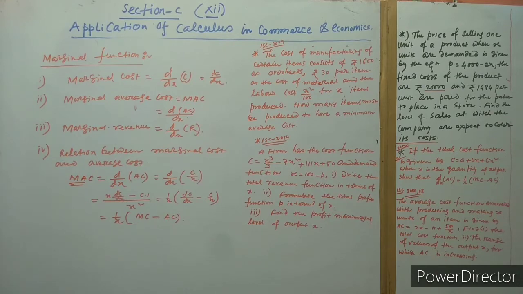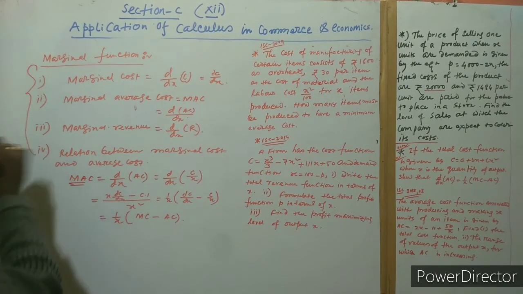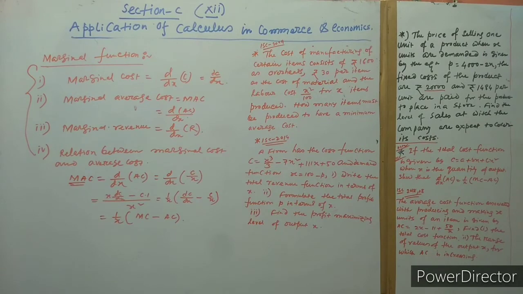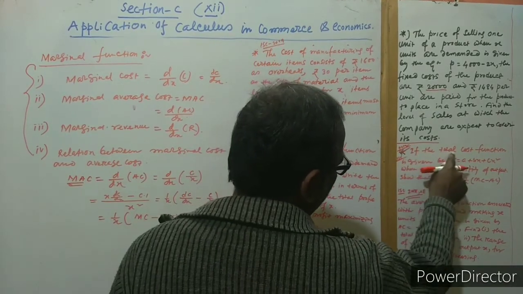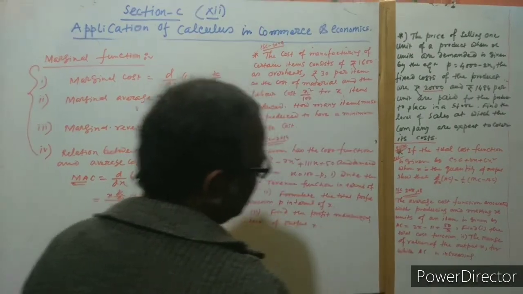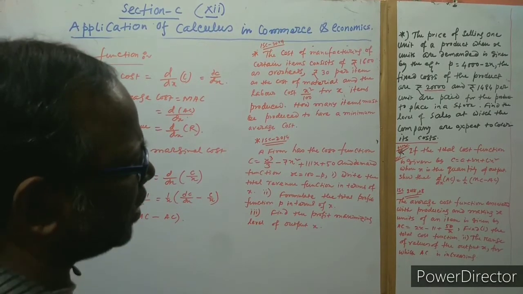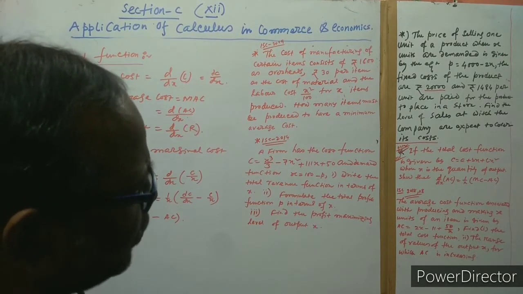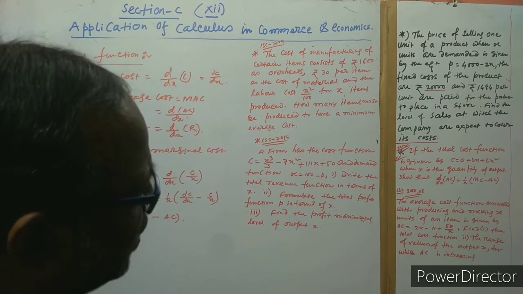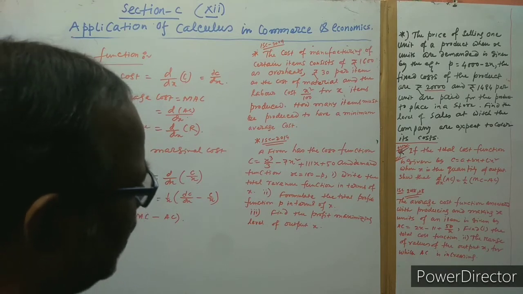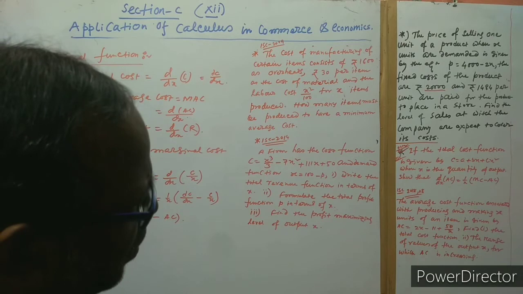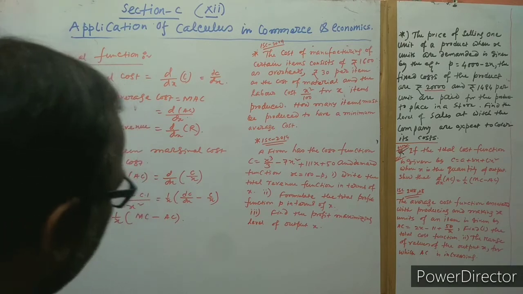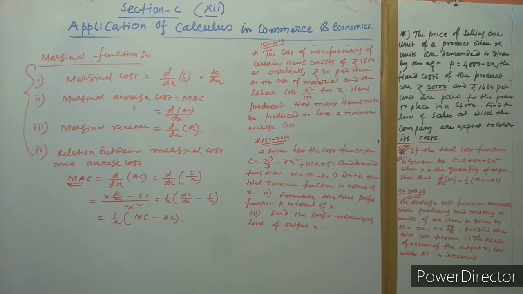So these are the main 4 points we have introduced here. Now for problem number 2, if the total cost function is given by this, where x is the quantity of output, then the derivative of average cost, that is the marginal average cost, is equal to 1 by x times the difference of marginal and average cost, we have to prove with the help of this function.